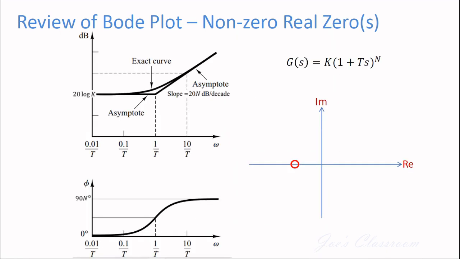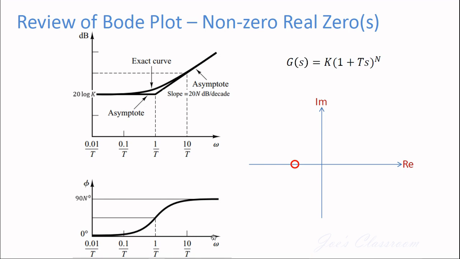And if the system has zeros on the real axis, then the same term is going to appear in the numerator. In that case, everything I explained for poles is valid, except that the second part of the line, the line beyond this corner frequency, is going to be an increasing straight line with plus 20n decibels per decade, and the phase plot will vary from 0 to plus 90n degrees as omega increases from 0 to infinity.